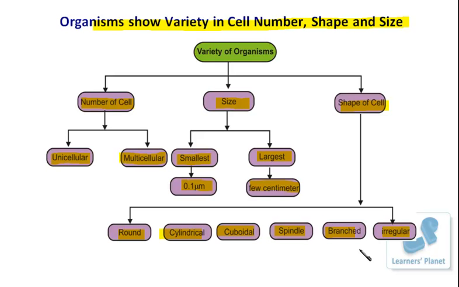Whether it is the size or the shape of the cell, it is related to its function. Right. So we can say this variety supports the different functions of these particular cells. Right. So this thing we will discuss in the next session: what is the significance of these varied features in cells, and of course what the peculiar properties are if such variations are observed in an organism.